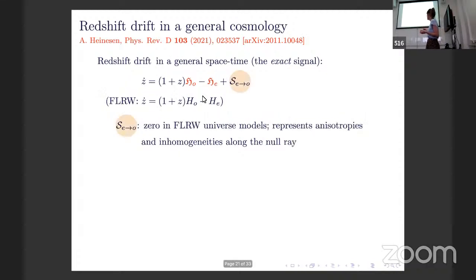And we can analyze this term in various ways to really see how these anisotropies and inhomogeneities enter in this expression and make the redshift drift signal depart from the FLW limits of this. I will not go so much into detail with this, but the results are in this paper.